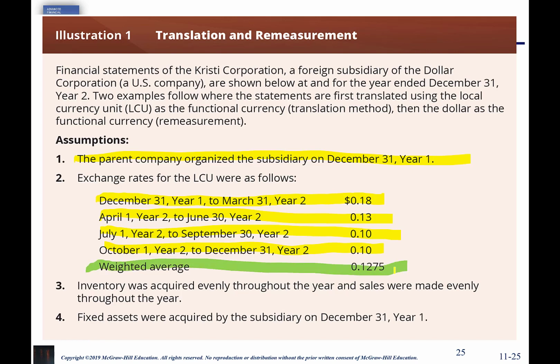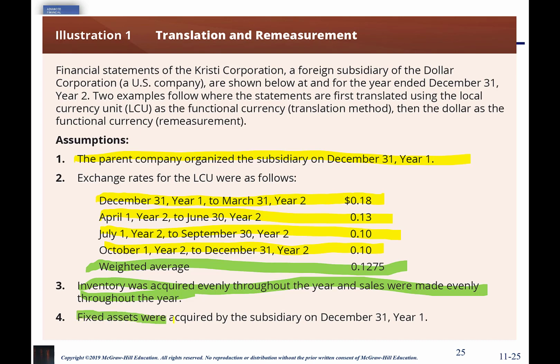They give us the weighted average, and then they tell us that the inventory was acquired evenly throughout the year. Now that's going to be important because, remember, even though they told us for our non-monetary items we would be using our historical rate, if we're talking about a non-monetary item like inventory being acquired evenly throughout the year, then we would use the weighted average rate, and we would use that weighted average rate also for our cost of goods sold on the income statement.